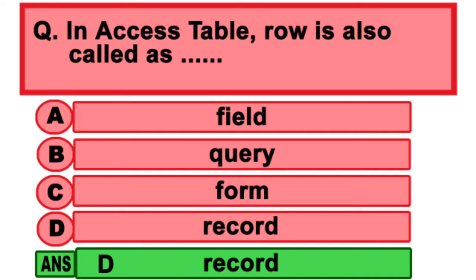Record. A record is a unit of data that includes every piece of information in a given row. A record contains specific data, like information about a particular employee or a product. The correct answer is answer D, record.